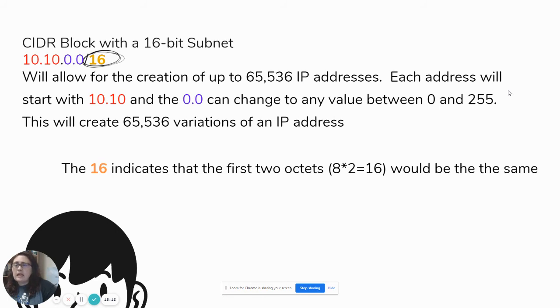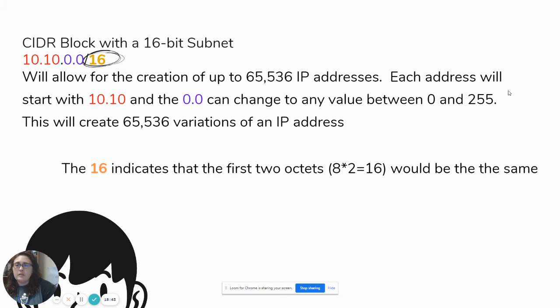So a CIDR with a 16-bit subnet. You can see I color coded this to help. 10.10.0.0 with a 16 suffix. I don't know the exact correct way of saying that. It will allow the creation of up to 65,536 IP addresses.